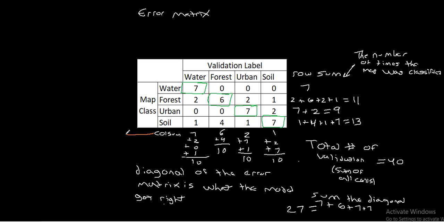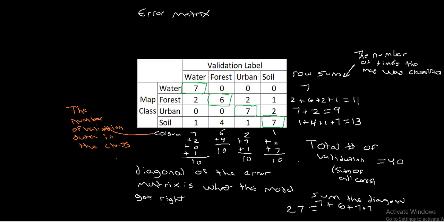Column sum is going to be the number of validation data in the class. Now, I purposefully constructed it so that I had an equal number of validation data in each class. As you go through real-world examples, these will not always be the same. Okay? But again, column sum is the number of validation data in each class.